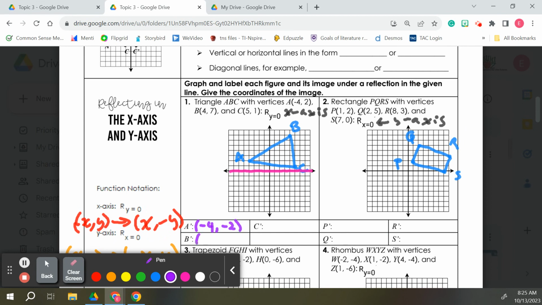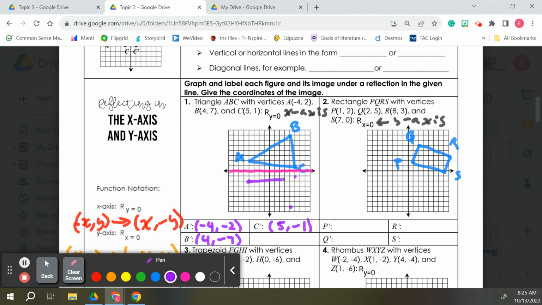For B, we'll have 4, comma, -7. And for C, we'll have 5, comma, -1. I'm going to plot these points just to make sure everything worked. So -4 down 2, there's A prime, B prime, 4 down 7, and C prime 5, -1.